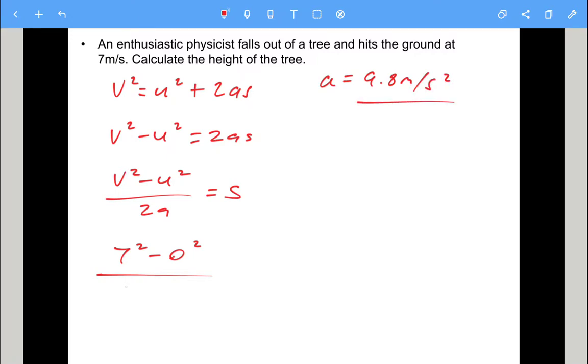So we need to divide by 2 times that, so that's 19.6. So 7 squared is 49, divided by 19.6, and if you put that in your calculator, you'll get the height of the tree to be 2.5 meters.